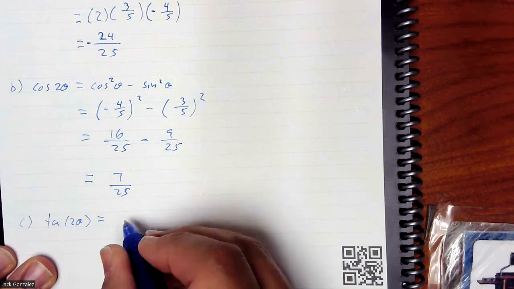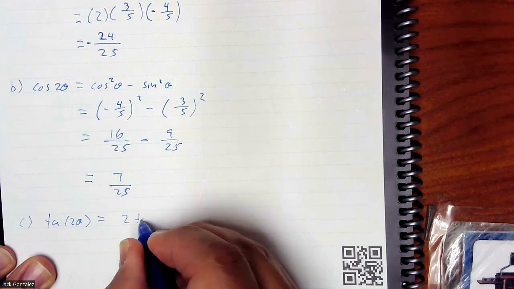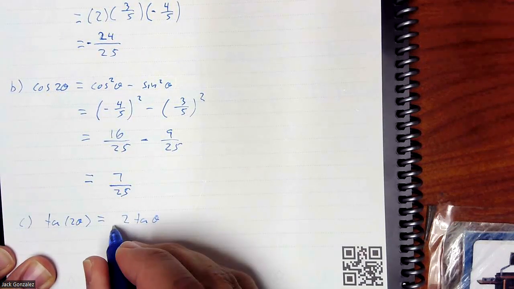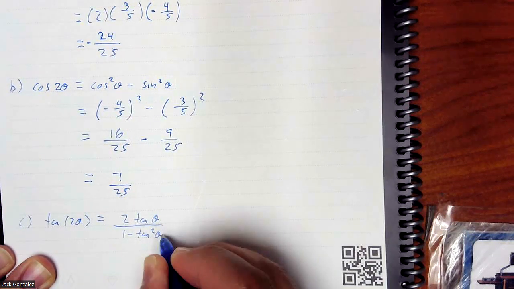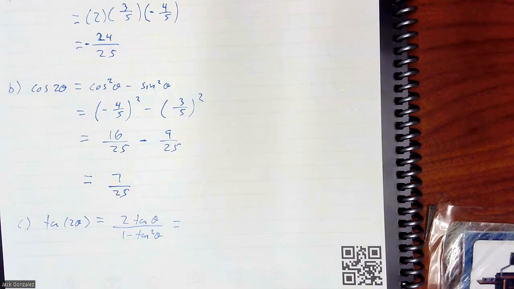It was 2 tan over 1 minus tan squared, is that right? Okay. Tangent was given to us as -3/4.